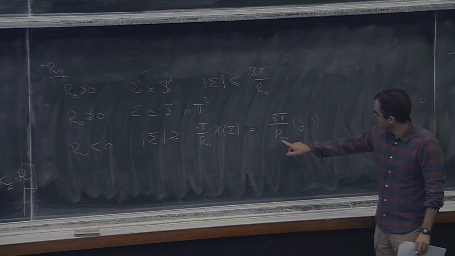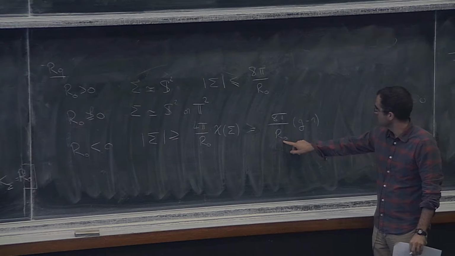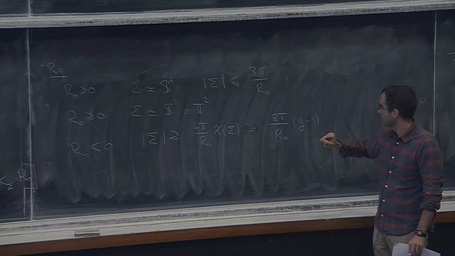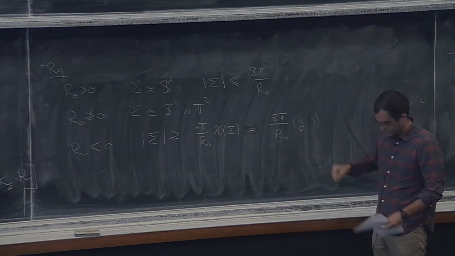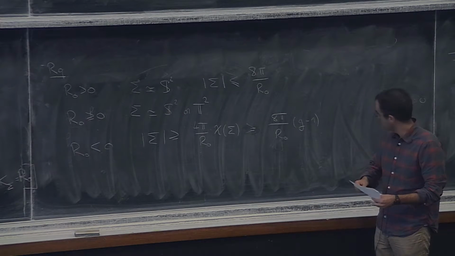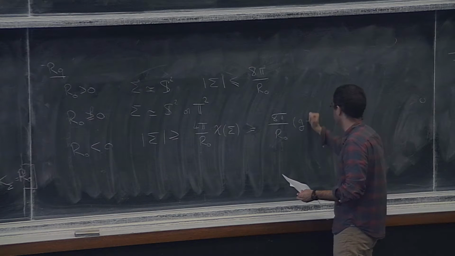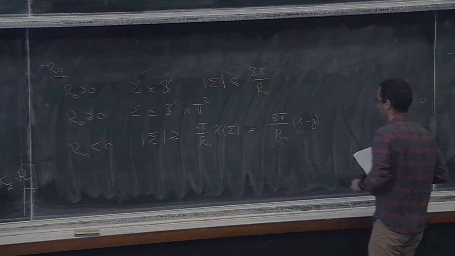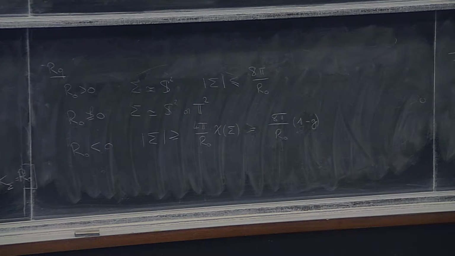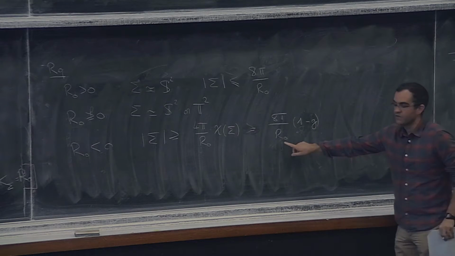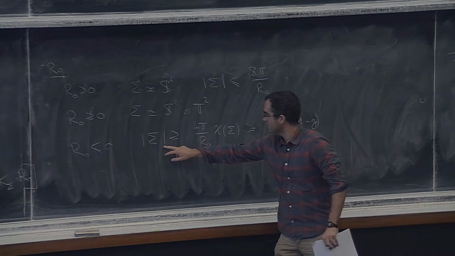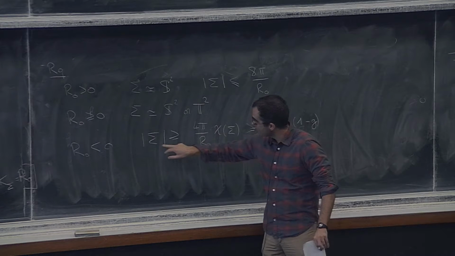So let me recall that R0 is negative. Sorry? The R0 is negative. 1 minus G. Sorry. Yes, 1 minus G. Yeah, of course. Okay. So the thing is that R0 is negative there. So in order to have something which is interesting there, you want to have a lower bound on the area.